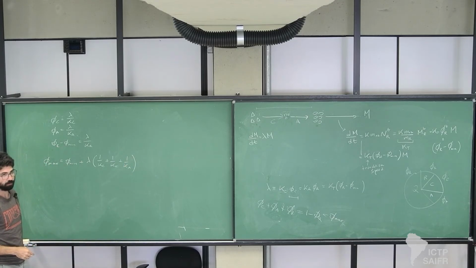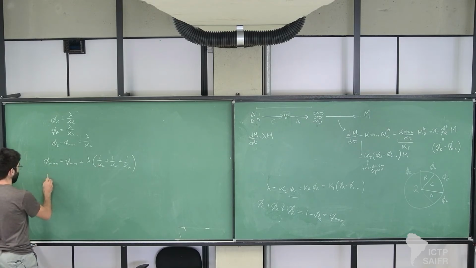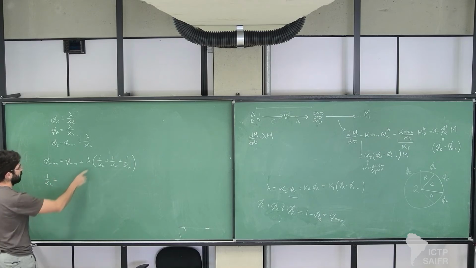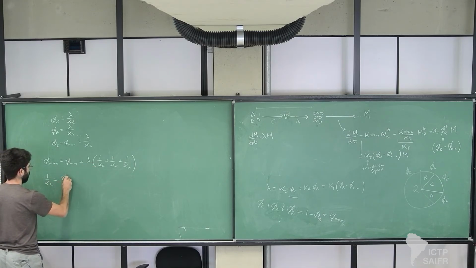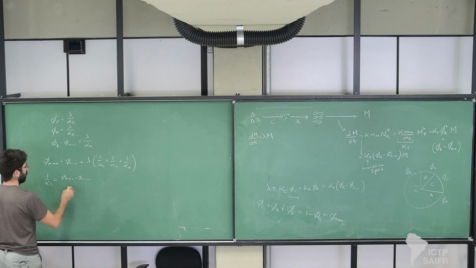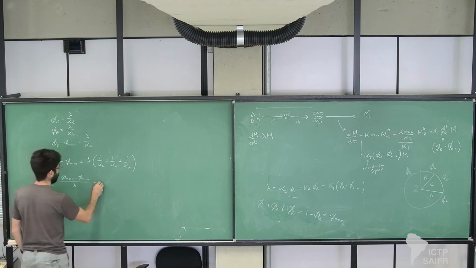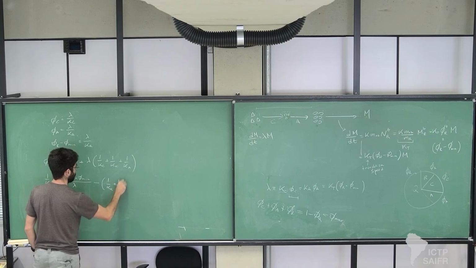This is just algebra. So then I can solve for, for instance, 1 over Kc. I can write that 1 over Kc is equal to phi max minus phi min over lambda, minus 1 over Kr plus 1 over Ka.